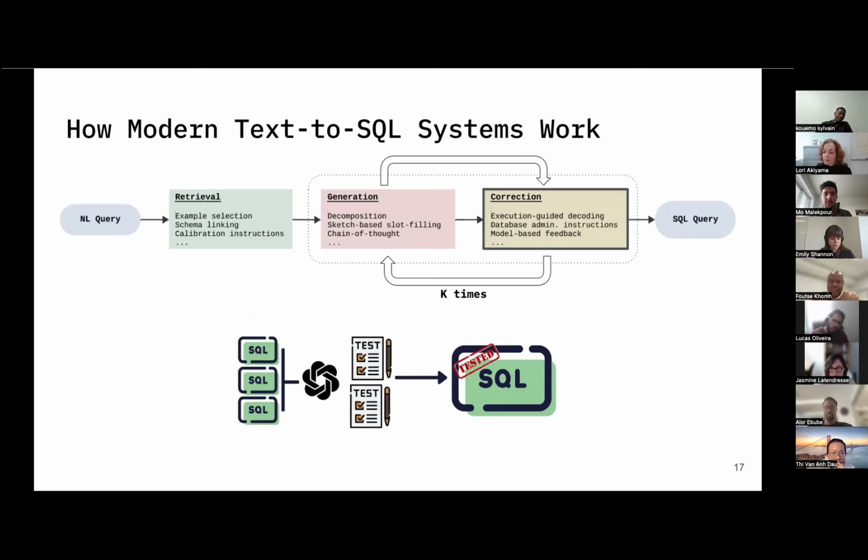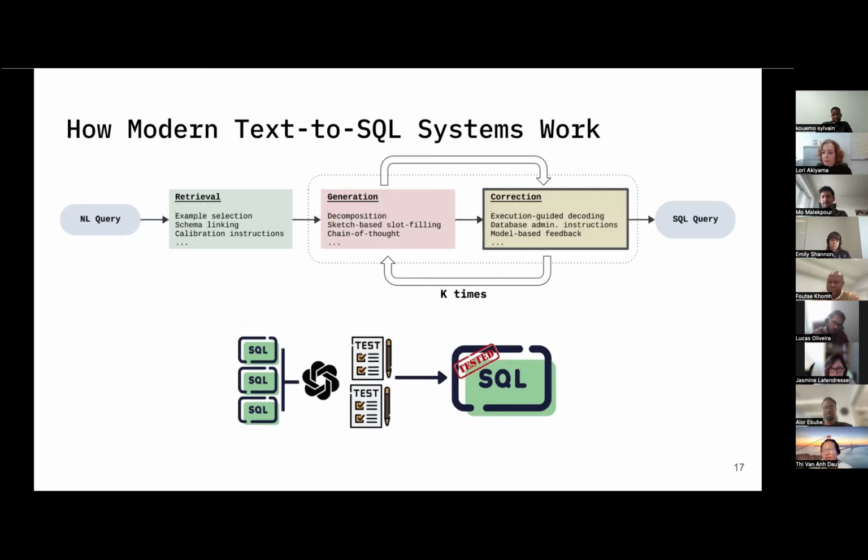In some modern systems, for example, we pass multiple candidates to the correction pipeline, and based on some execution scores that those systems implemented, they decide which query is more accurate, and it tries to improve the query.